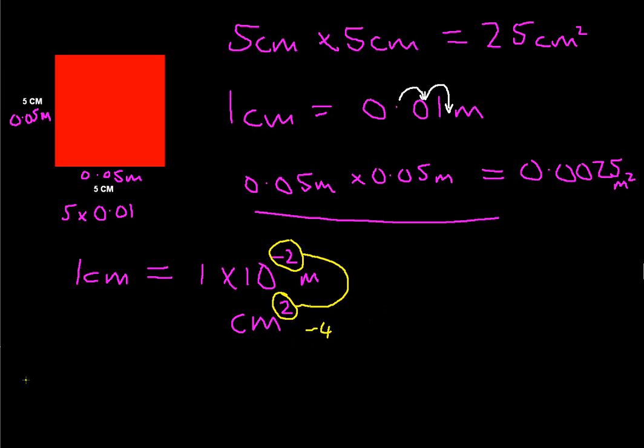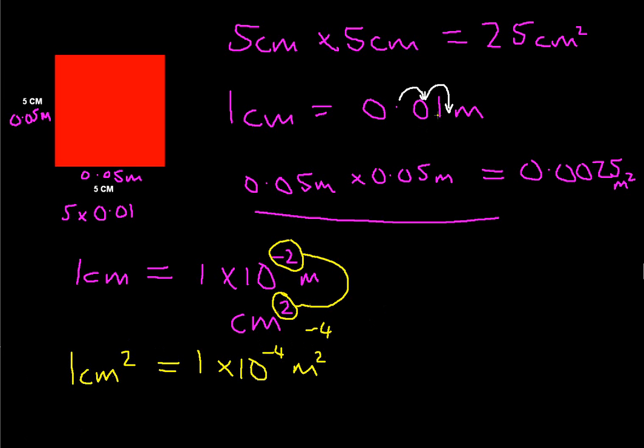So we know now that 1 centimetre squared equals 1 times 10 to the minus 4 metres squared. We're doing exactly the same thing as before, but instead of going down to small numbers, making the figure bigger, we're going up, so the number's going to get smaller.